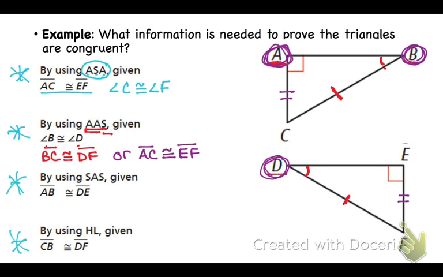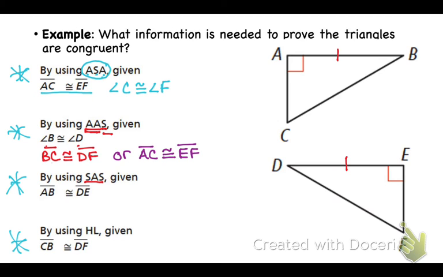What am I trying to get, and what do I have? Side angle side. Okay, so I need side, angle, side. So I need 2 sides and the angle they make, right? And I know that AB is congruent to DE. Okay, so I need a side, an angle, and another side, don't I?